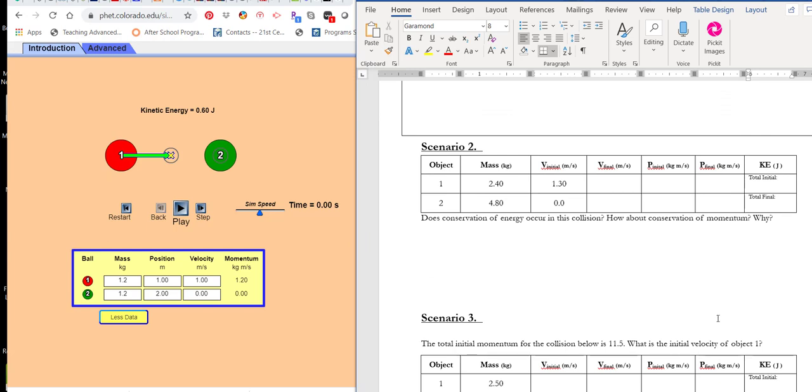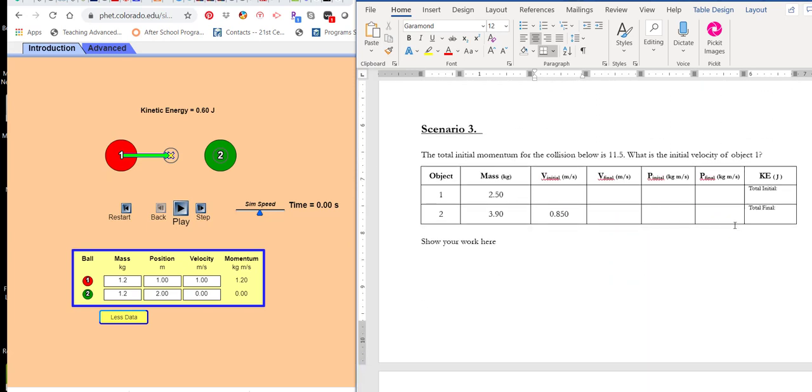So scenario 2 asks you to change the masses. So you'll enter these, all right? Give mass 1 this velocity and do the same type of analysis after. Is the energy conserved? What about the momentum? Scenario 3, so this one is pretty interesting. The total initial momentum for the collision below is 11.5.